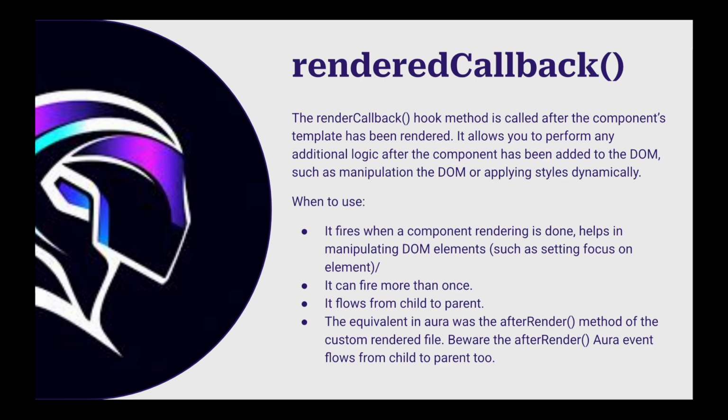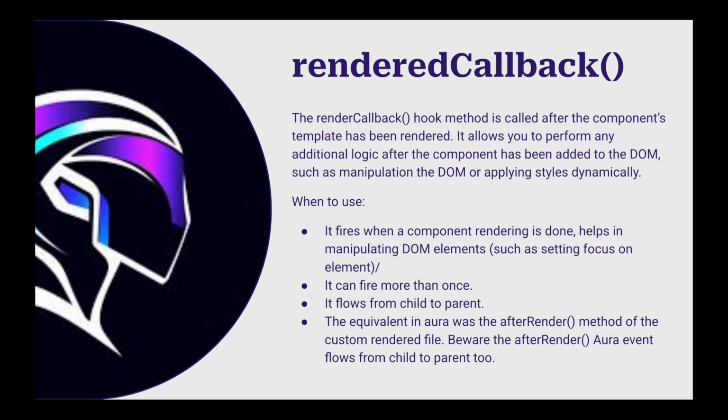And if we talk about the equivalent of renderedCallback in Aura components, then there is the afterRender method of the custom renderer file, but this event flows from child to parent too. So only the constructor one is different. There is a difference between LWC and the Aura component.